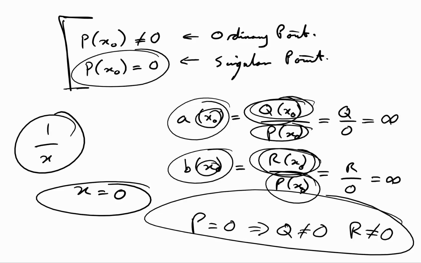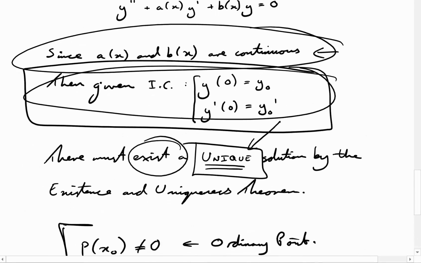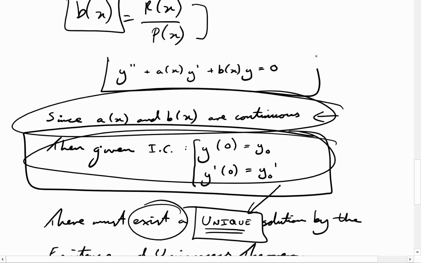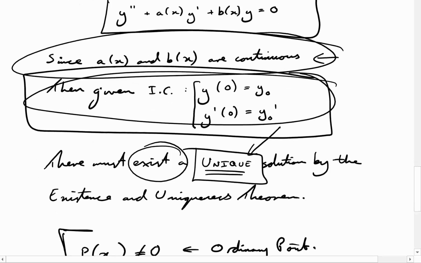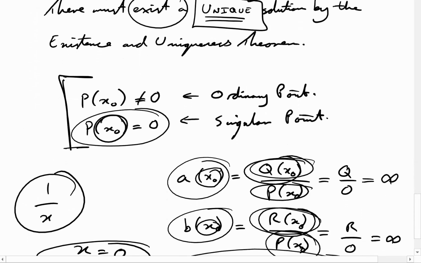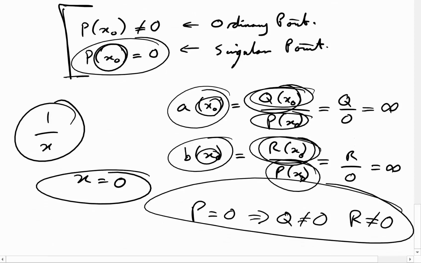So, in other words, if we're trying to solve a second order ODE of the form up here, y double dash plus a of x y dash plus b of x y, and we're trying to consider it around a singular point, the point x naught, then because the function goes to infinity at that point, we can't really talk about a solution at that point. We're actually going to come back to this later on in the course.